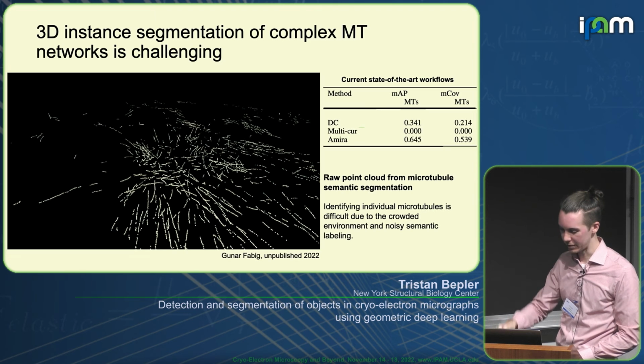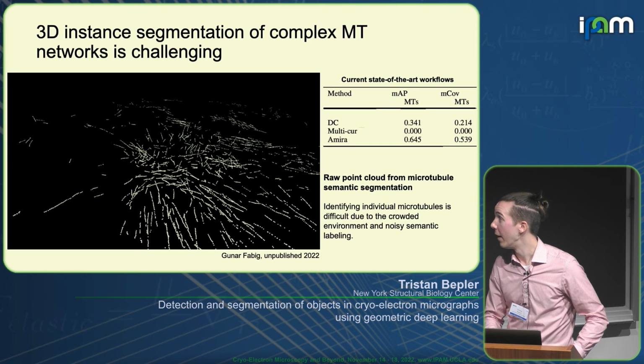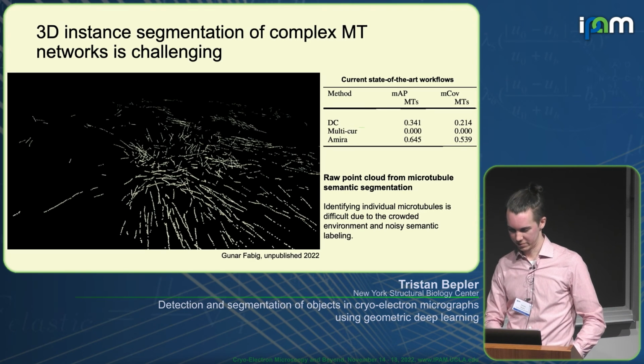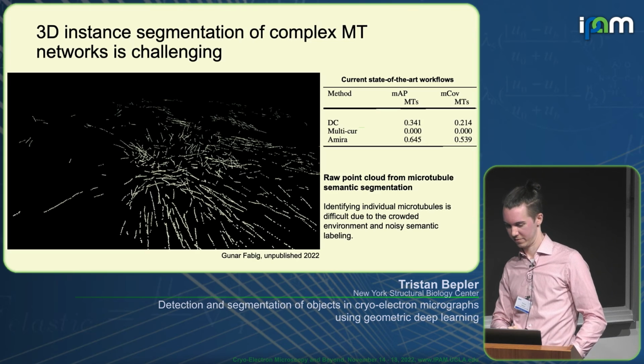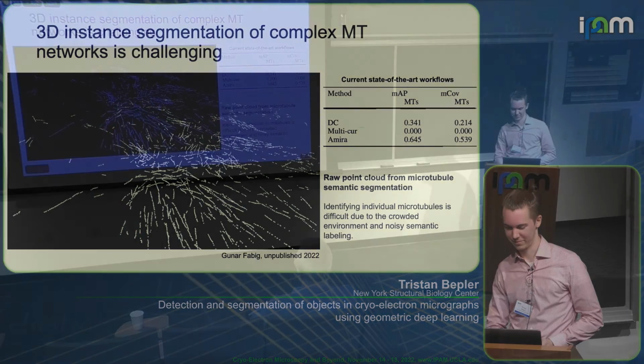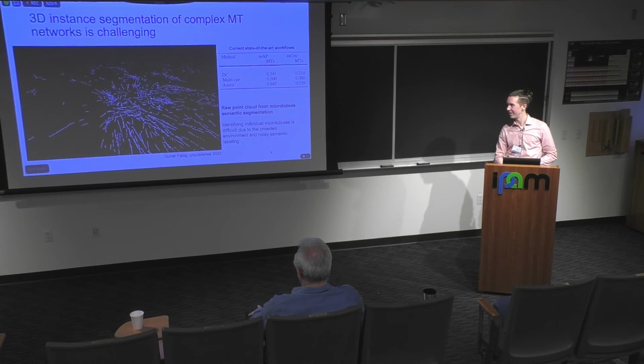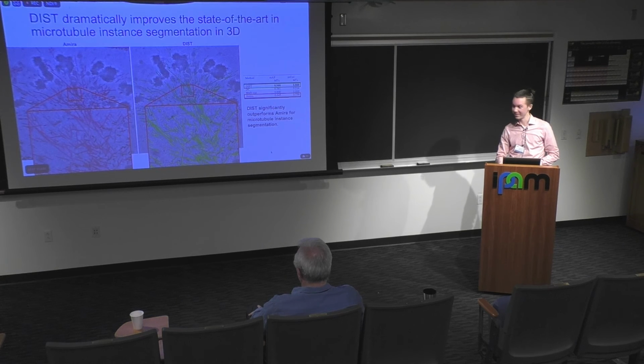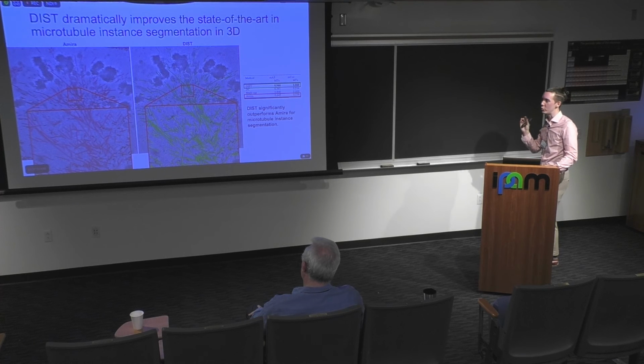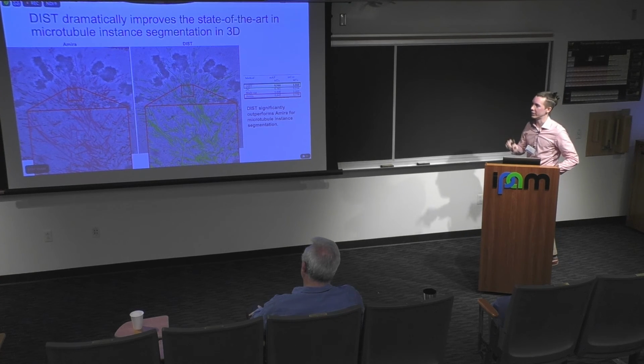So identifying the individual microtubules is really hard. But, it doesn't like the video. Okay, but we are able to much more accurately identify the individual microtubule filaments in this data.